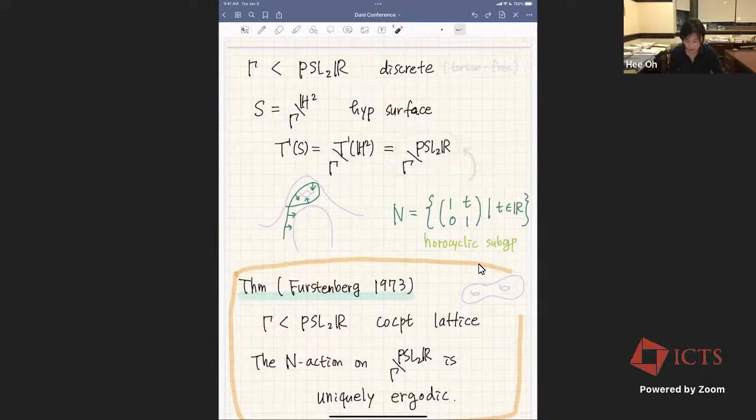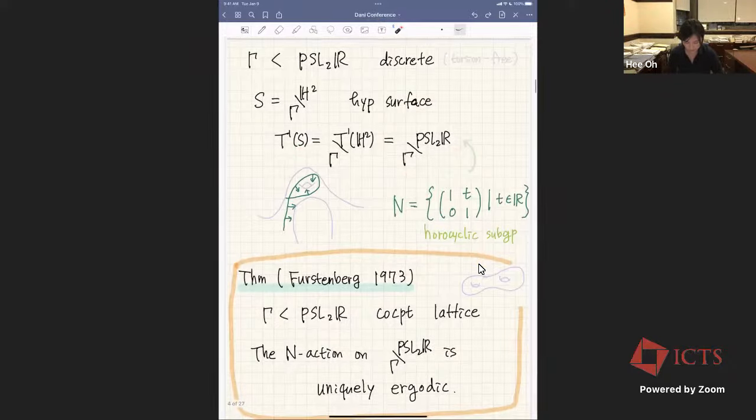Okay. And we are going to denote by N the upper triangular subgroup. It consists of all these upper triangular matrices (1, t, 0, 1). And this is called the horocyclic group. And the right translation action of this subgroup N on this quotient PSL2R mod gamma is exactly the horocycle flow on the unit tangent bundle of this hyperbolic surface H2 over gamma.